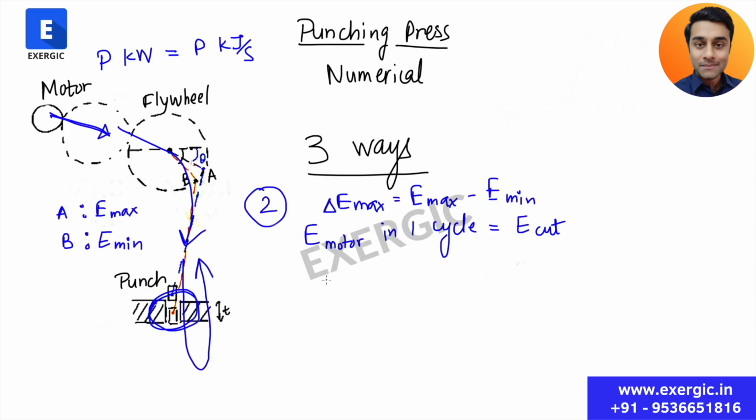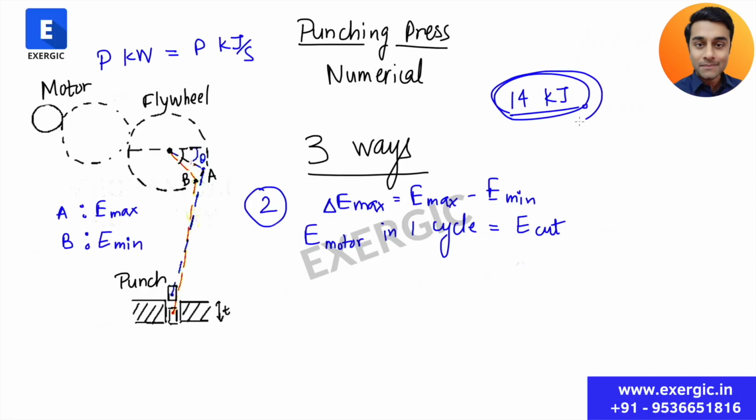So suppose the question gave you that 14,000 joule or 14 kilojoule of energy is required to complete one shearing process or one punching process. Means to create one cut, this much energy is required.